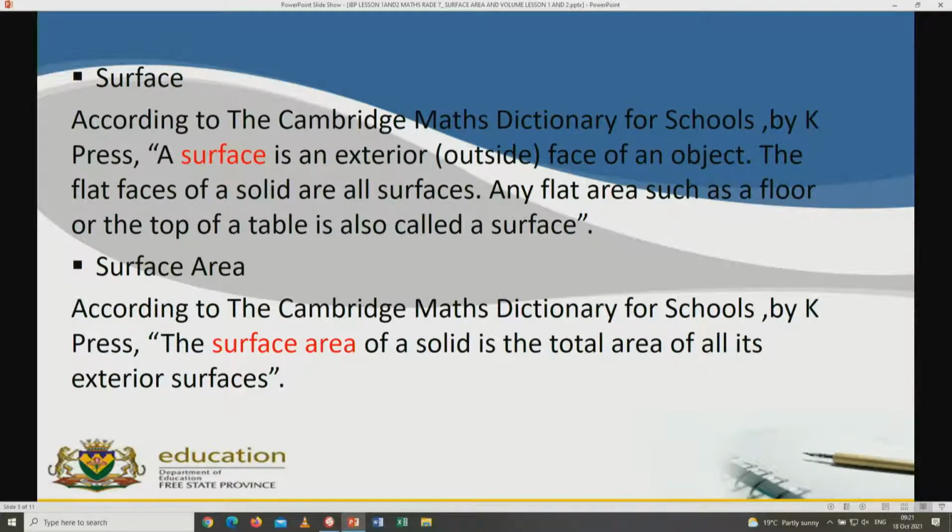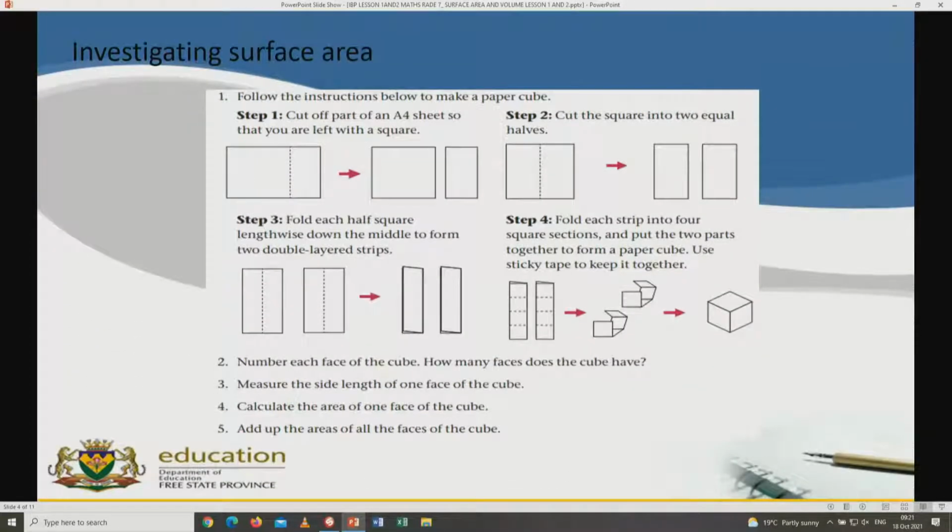But I want us to get our hands dirty and investigate the surface area of a cube by creating one for ourselves. These are the steps we are going to follow. Have your A4 paper and a ruler clearly marked with its measurements, whether in centimeters or in millimeters. Then have your pencil or a ball pen ready and a pair of scissors.